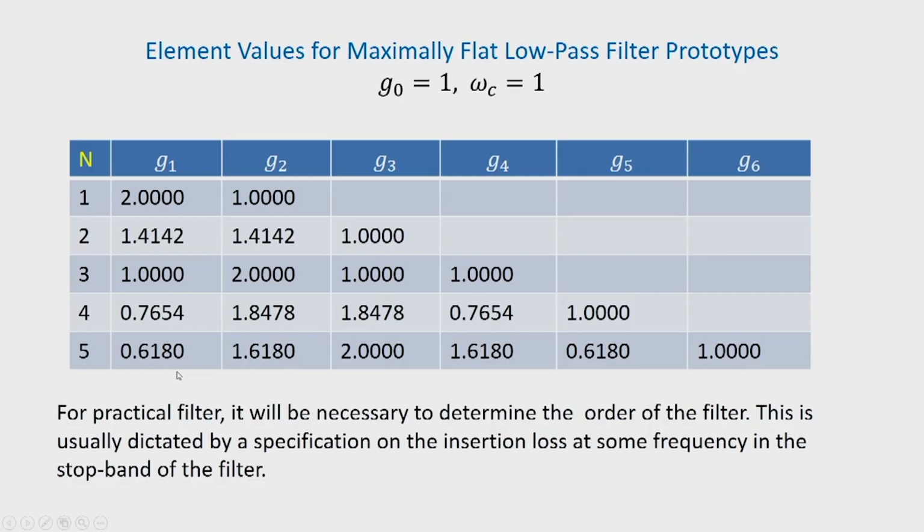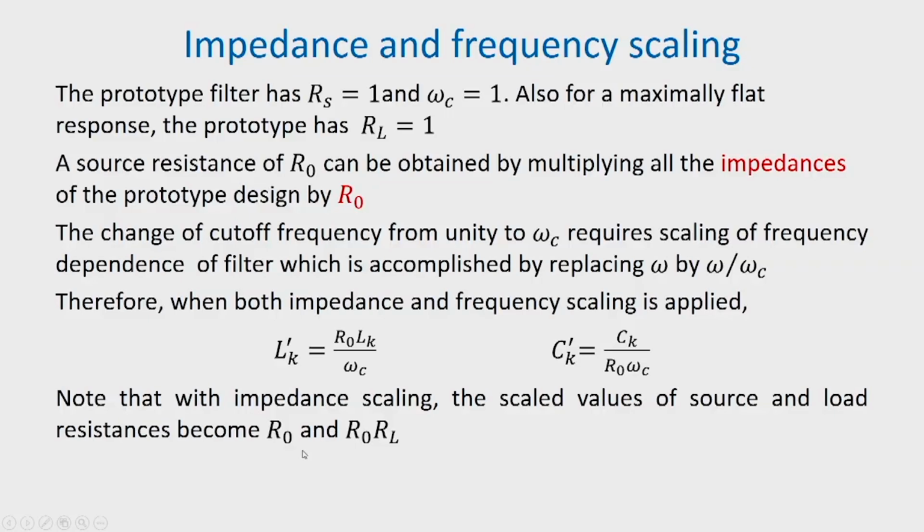So, let us see what we mean by this impedance and frequency scaling. The prototype filter has R s equal to 1, omega c equal to 1, and also for maximally flat response we have seen that R L equal to 1.